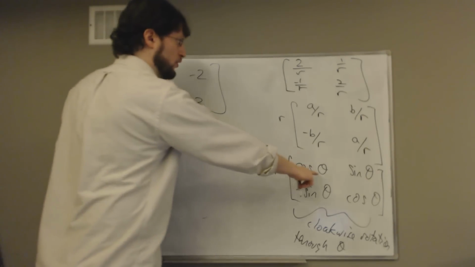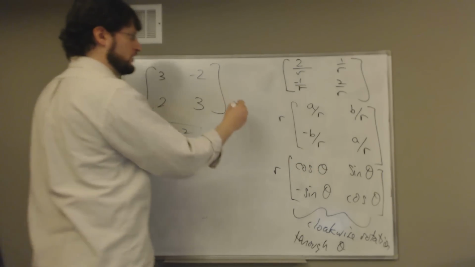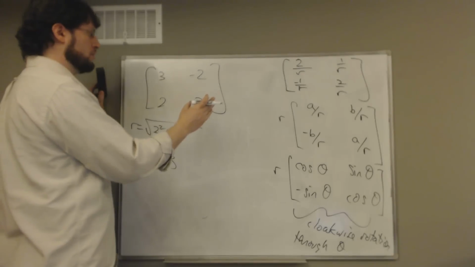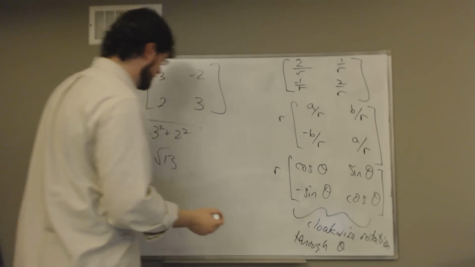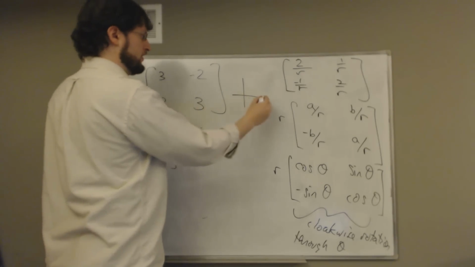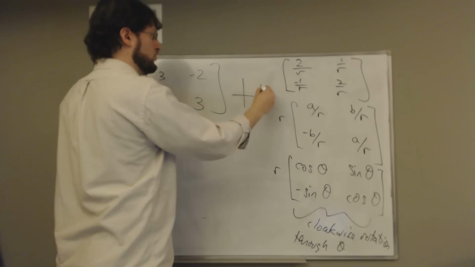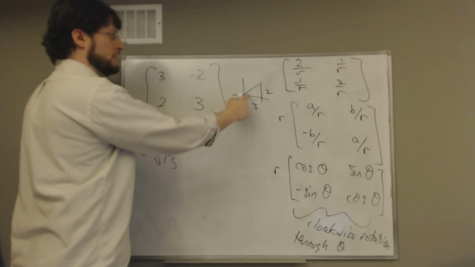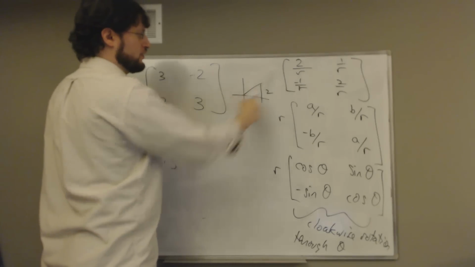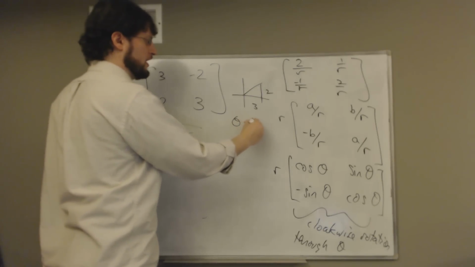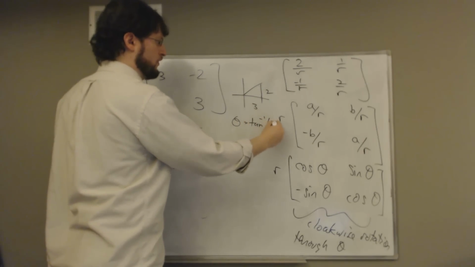And our angle theta, we'd still take from our original picture with the 2's and the 3's. So we have 3 and we have 2, and so theta is tan inverse of 2 over 3.